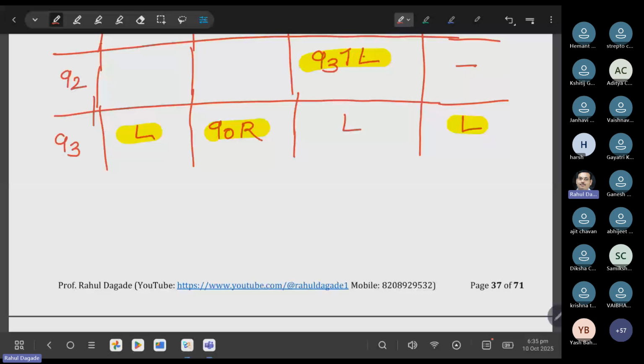So it is rewound, and we are in Q0 state: blank star 1 1 1 1 blank 1 blank, and the pointer is now here.